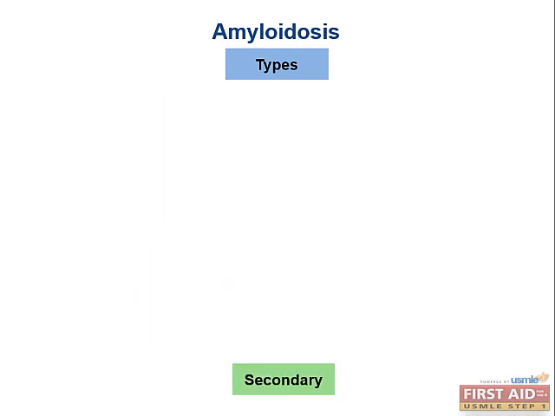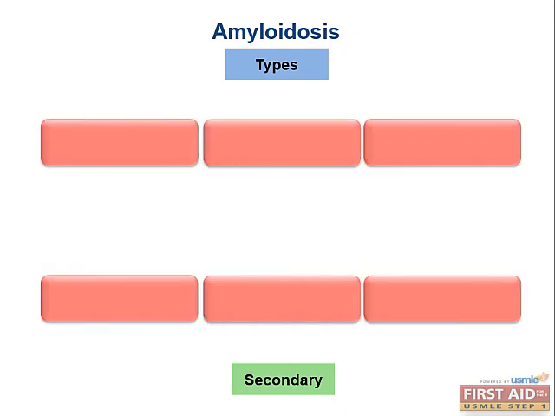Secondary is there's some stimulus for inflammation that causes it to last for a while. So chronic inflammation causing cells to release proteins that respond to the inflammation and deposit in tissues. So, what types of proteins, what types of cells? So let's say we have someone with lupus, and they're attacking their own red blood cells.